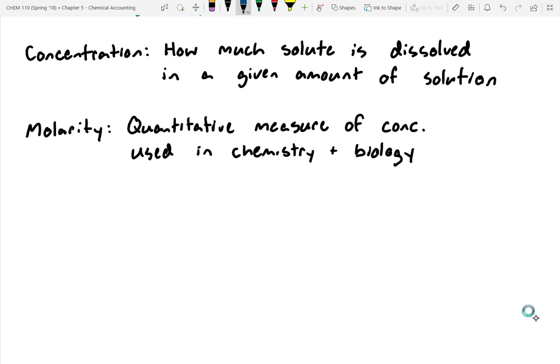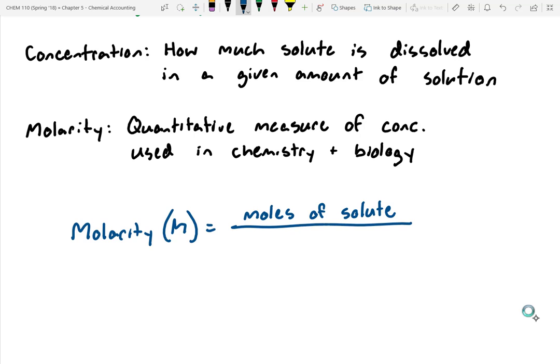And let's define what molarity is. The symbol that's used for it is going to be a capital M, not a lowercase m, so you have to be aware of that. And it's going to be described as moles of solute divided by liters of solution.